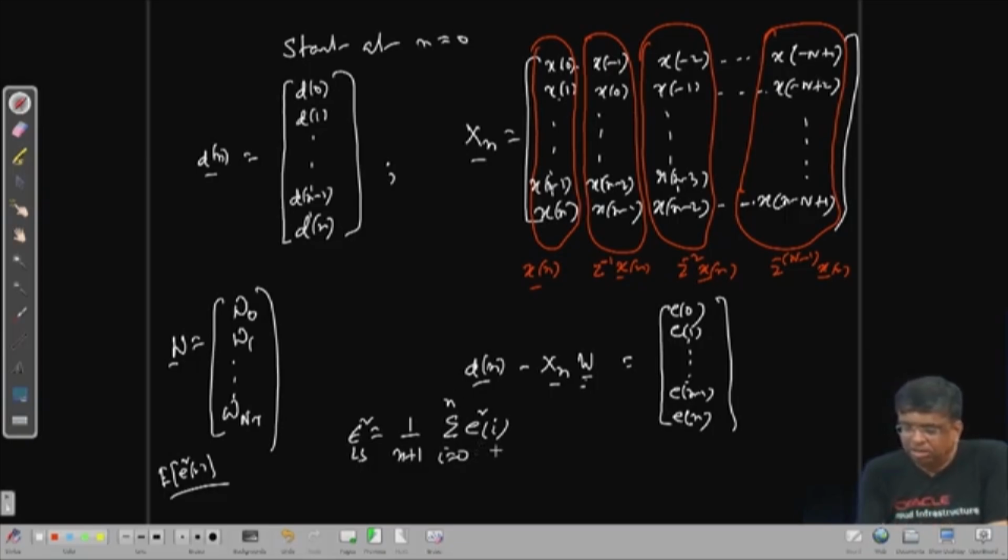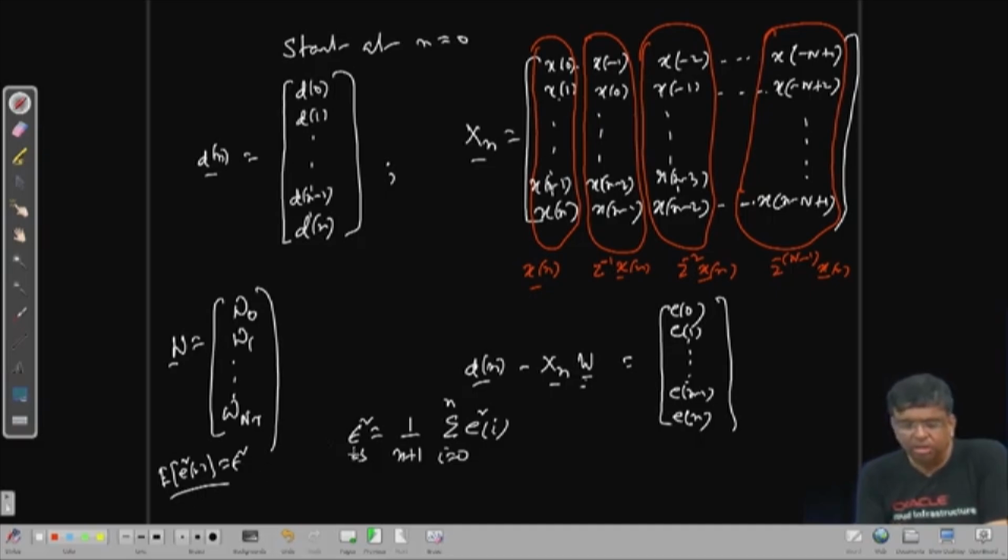So, we will minimize this with respect to weight. After all, this vector is dn minus x and w. So, every term in this vector depends on w. Okay. So, now we will minimize it with respect to w. That will give me the best estimate, optimal one, and that will be close to the optimal one which we get there, because this epsilon square LS or this epsilon square, they are almost same.